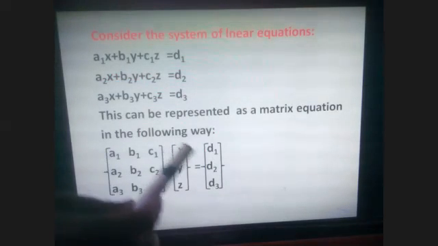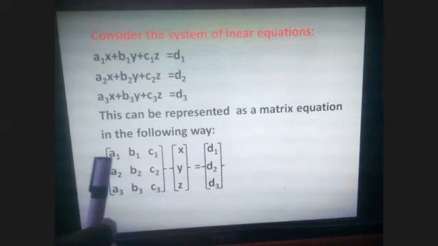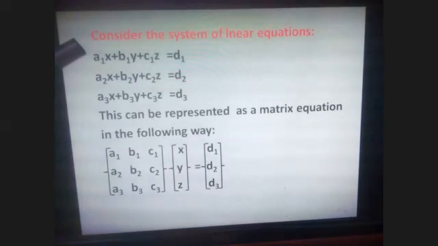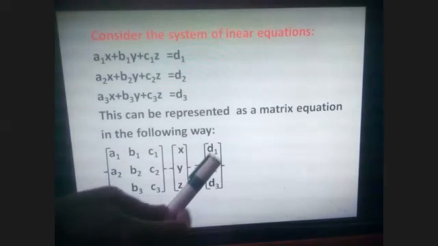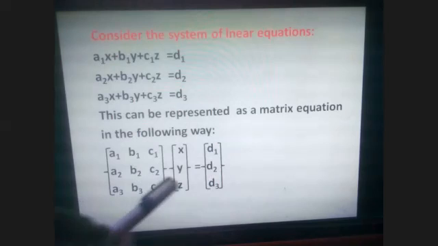When I multiply this and equate to this matrix, you get A1x plus B1y plus C1z equal to D1. This equation. A2x plus B2y plus C2z equal to D2. That is the second equation. A3x plus B3y plus C3z equal to D3.